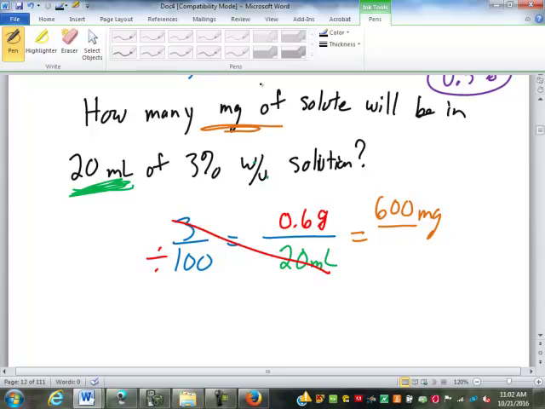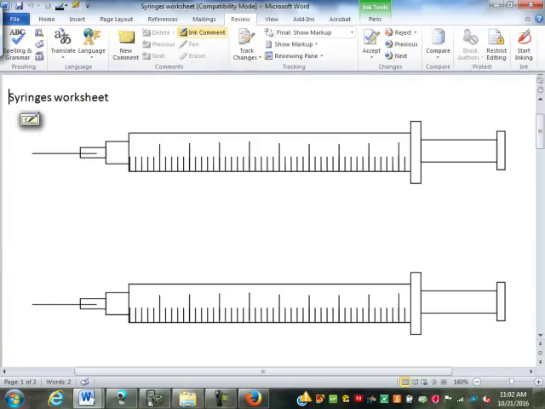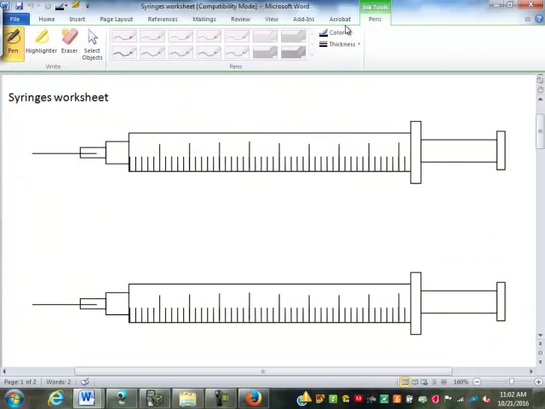Next thing I want to look at is we're going to look at syringes. We're going to look at reading syringes. Now the syringes I have here are a little bit off because I've got a square end here. Most of the time your syringes have a little bit of an angled end to them.